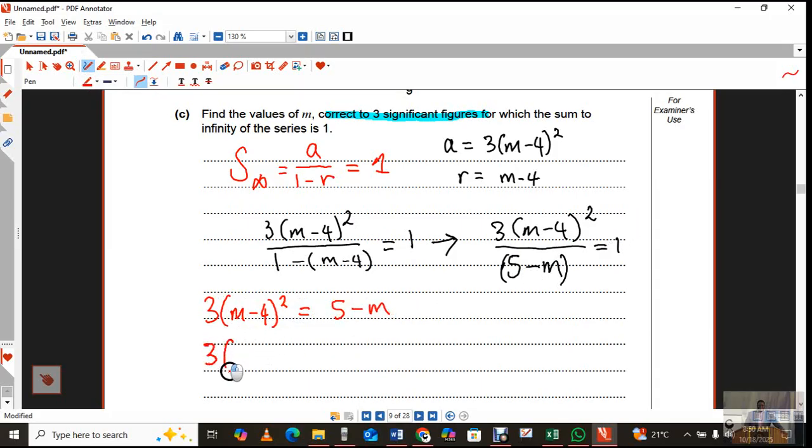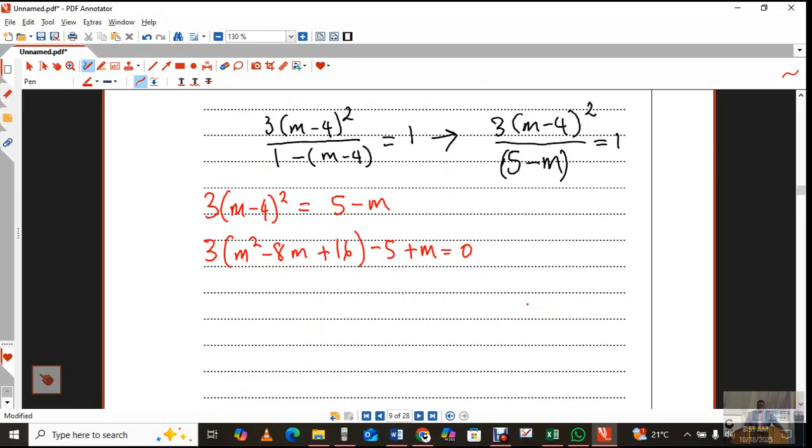So this becomes 3 times m squared minus 4m minus 4m is minus 8m plus 16, is equal to 5 minus m. I can bring that 5 minus m across, to save space, minus 5 plus m, then everything is equal to 0.